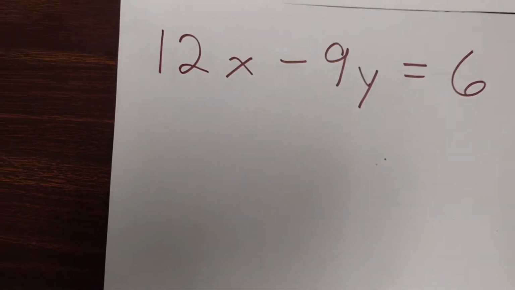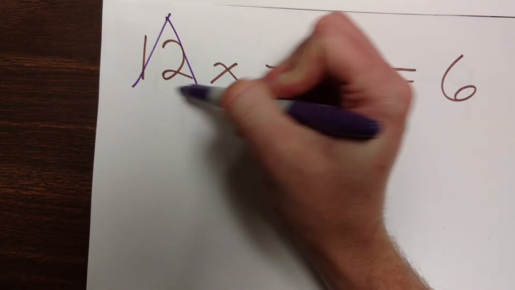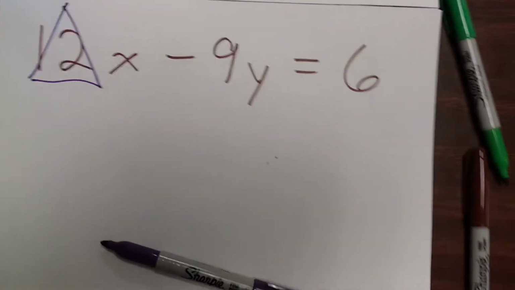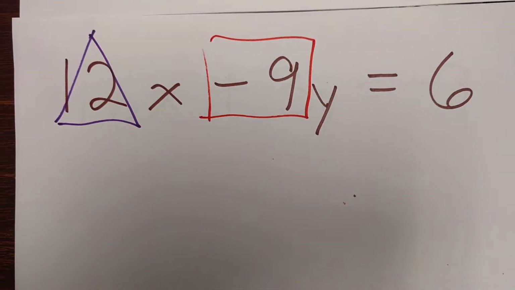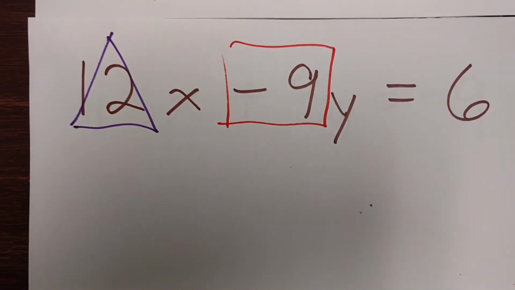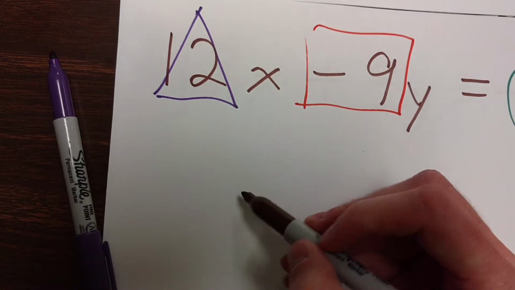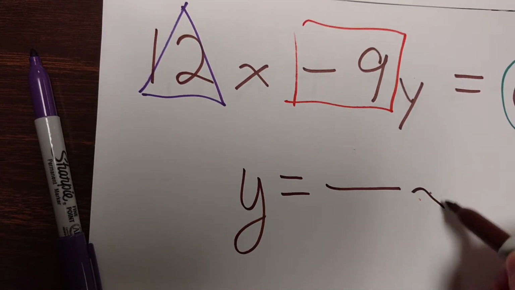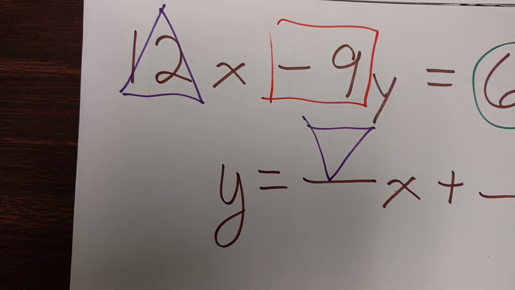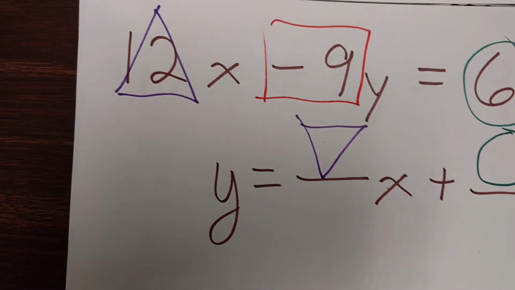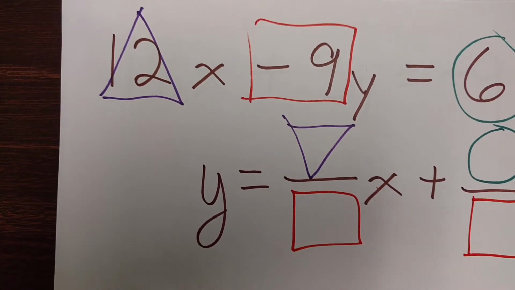Let's look at another example. I've got my triangle for A. I have my square for B, and notice how I'm including the sign, and then I have my circle for C. Okay.